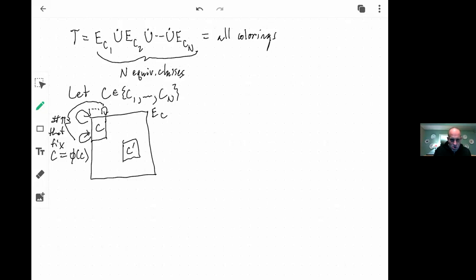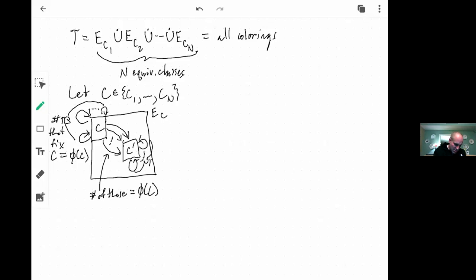Then of course, you know flat out that the number of things, we already proved this. So how many things move us from C to C prime? That number is going to be equal to phi of C again. Whatever the number is that fix C is equal to the number of things that move us from C to C prime. And by the way, that's also the number of things that fix C prime.